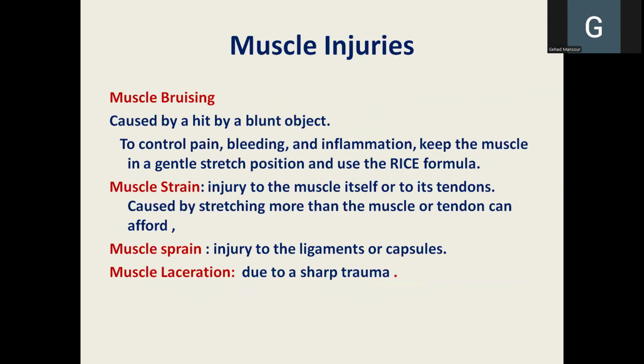Muscle injuries, of course, are the last thing to say. A muscle bruise results from a blunt injury to the muscle that causes inflammation, meaning that the bruised muscle will be swollen, warm, and painful, but there might be internal bleeding because it might be a blunt trauma that did not cause a laceration or tear in the skin and muscles, but it caused rupture of some of the capillaries inside.